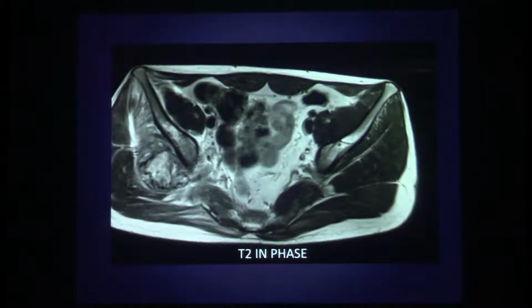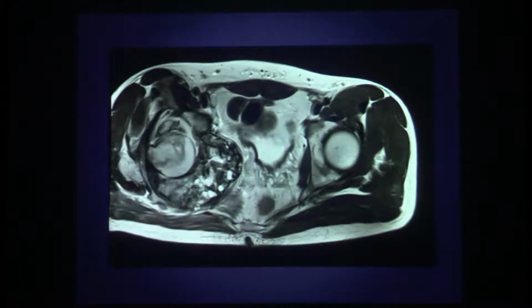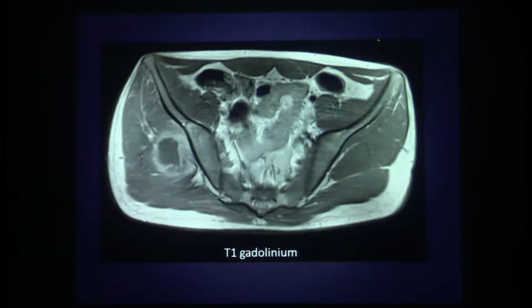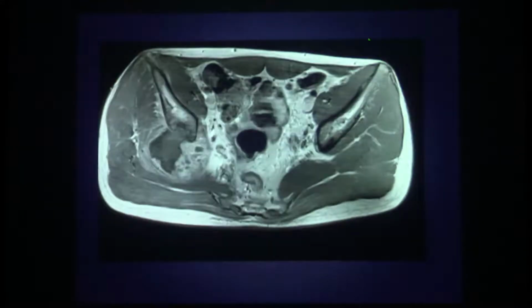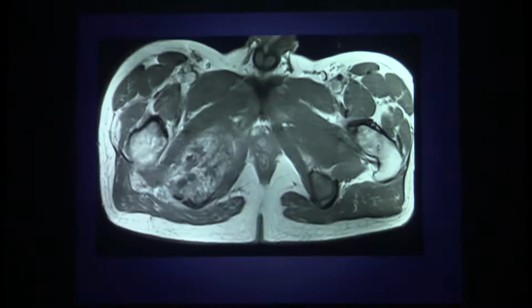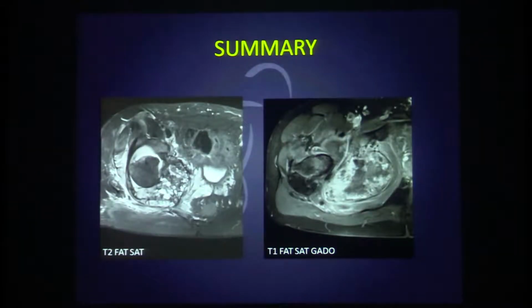In axial plane, this is also the mass. And after chelat of gadolinium injection, this was the aspect of the tumor. So in summary, we have this mass of the right ischium.